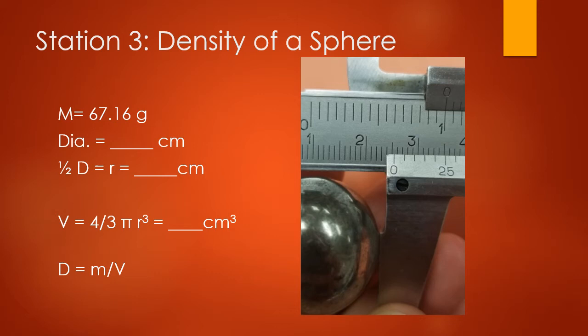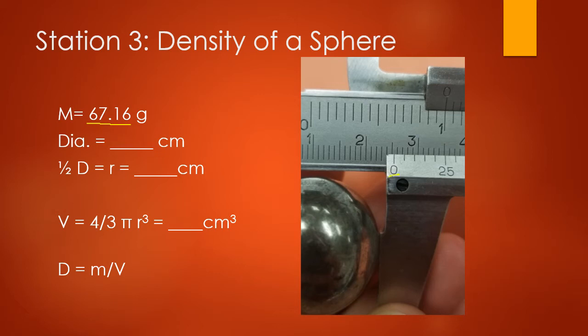Next, station 3, we're going to calculate and identify the material that the sphere is made out of. So with the sphere, first, the mass of the sphere, 67.16 grams. Next, you need to measure the diameter. And I have that measured in the photo off to the right. So you will use that picture to determine the diameter of the sphere.